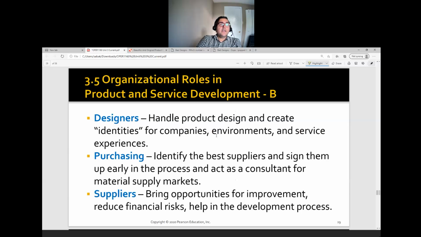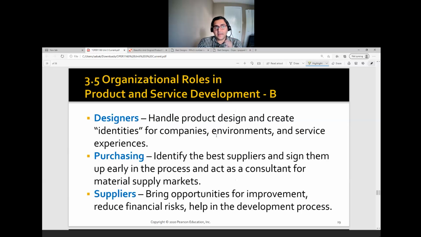Now this is something which we already discussed, the role of the different parts of the organization in coming up with new product and service. So not reading it again. Now, the role played by designers, supply chain and all. There is another keyword which is coming up here.